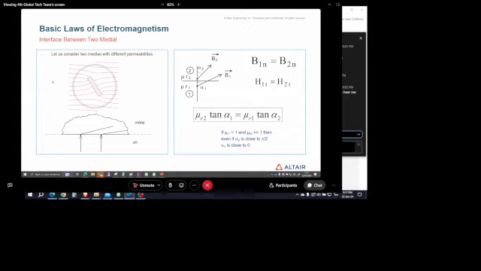When you put magnetic material inside the magnetic field, you will see this kind of behavior. This behavior is described by this equation, and as you can see, it is really dependent on the relative permeability of the two materials.